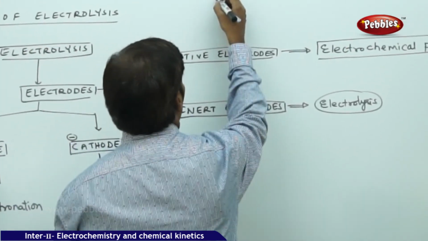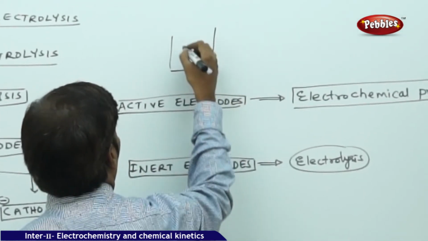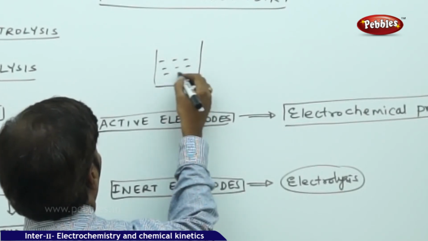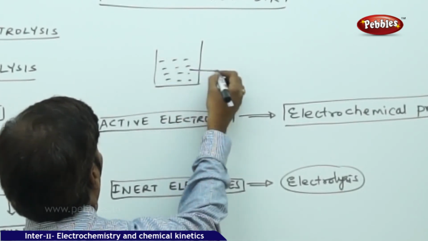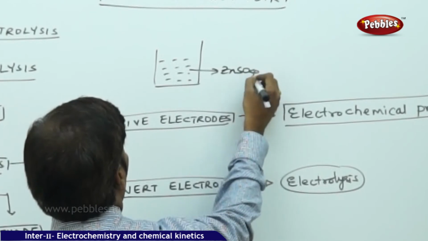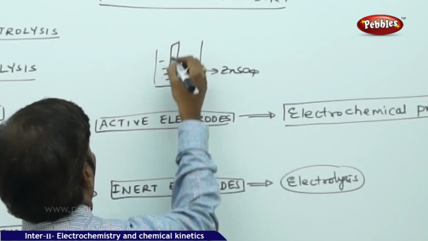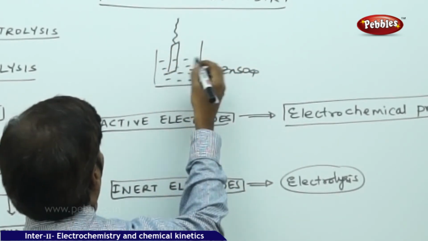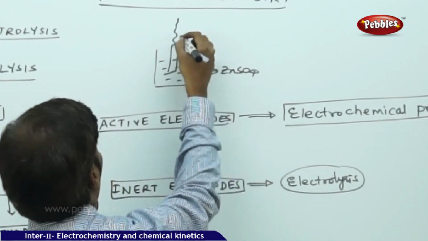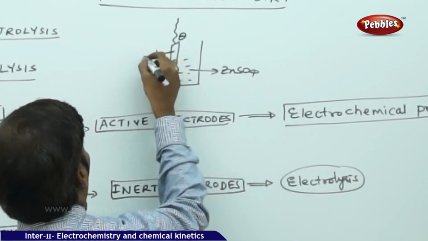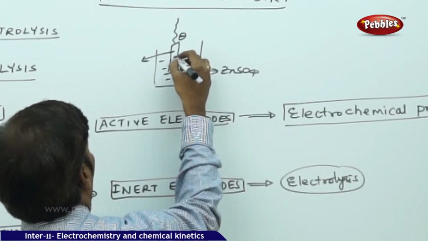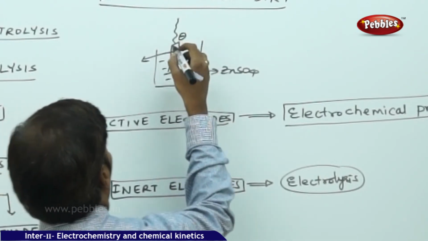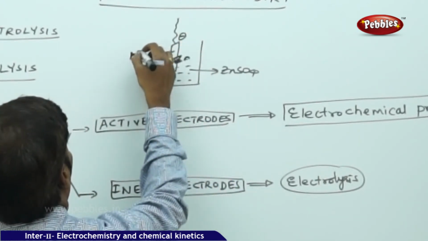For example, if you are taking zinc sulfate as an electrolyte, and you are using a zinc electrode, then you find that this is acting as the anode. This is the anode electrode, and this is zinc.